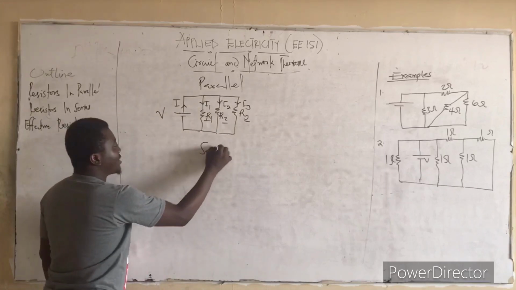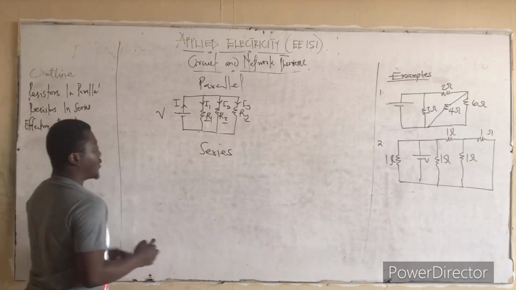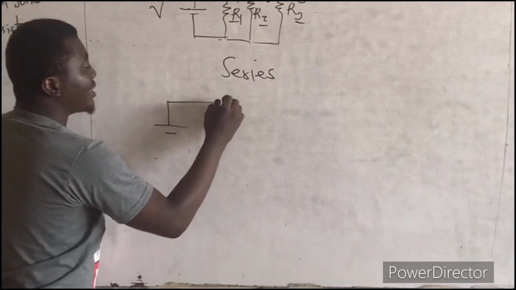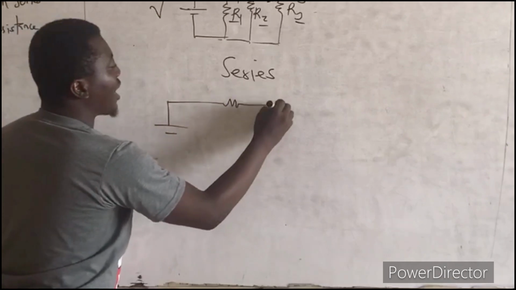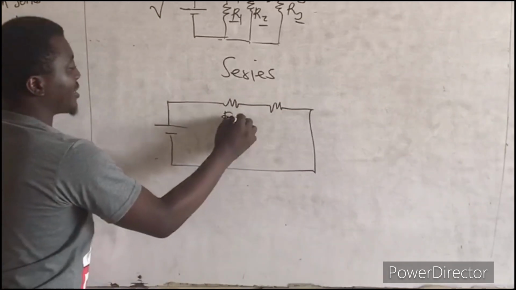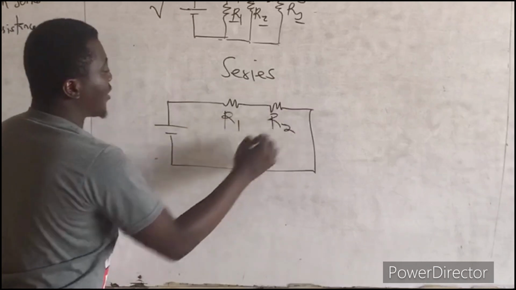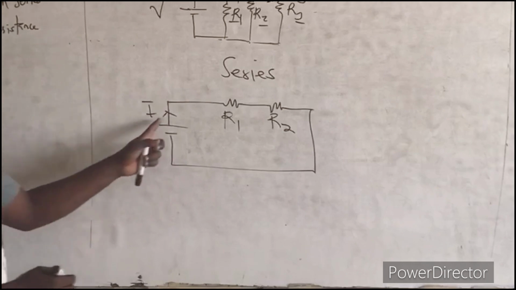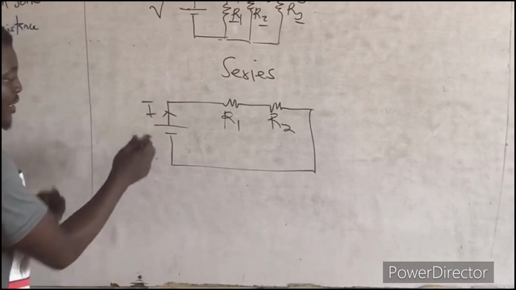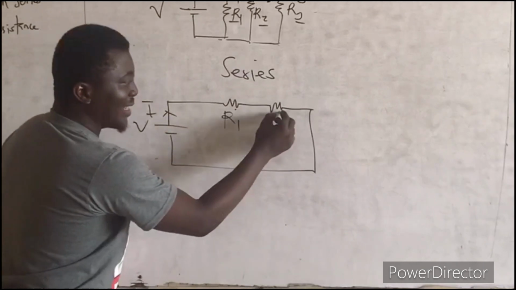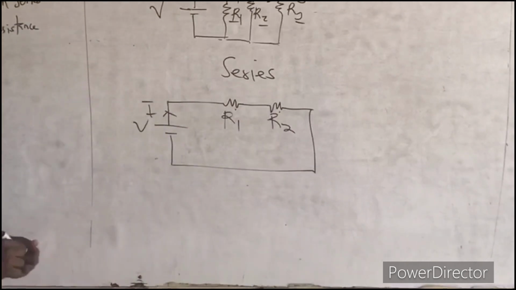And for series, for resistance in series, you will see that there is the same amount of current going through the two or three resistors. So assuming we have R1 and R2, and there is I that started from this voltage source V, it is the same thing that will pass through R1 and the same thing will pass through R2.